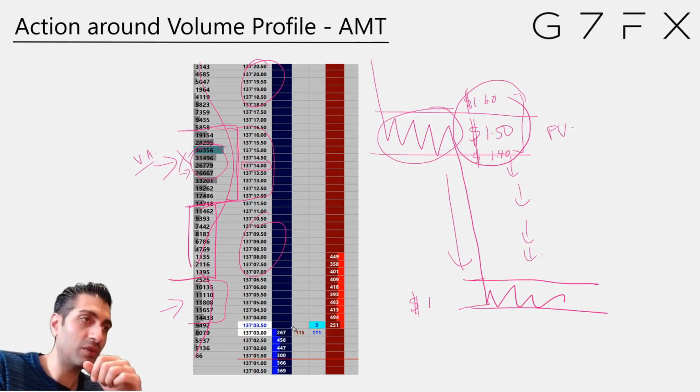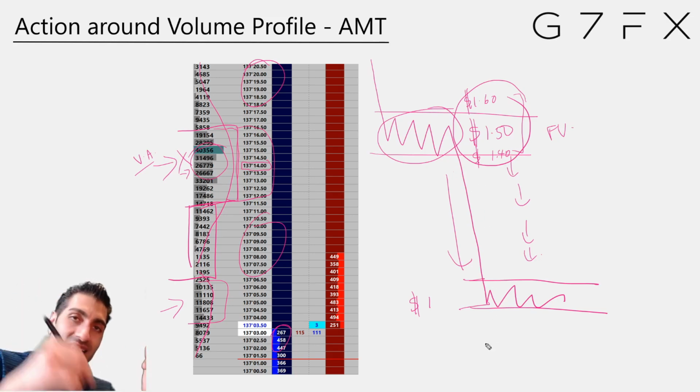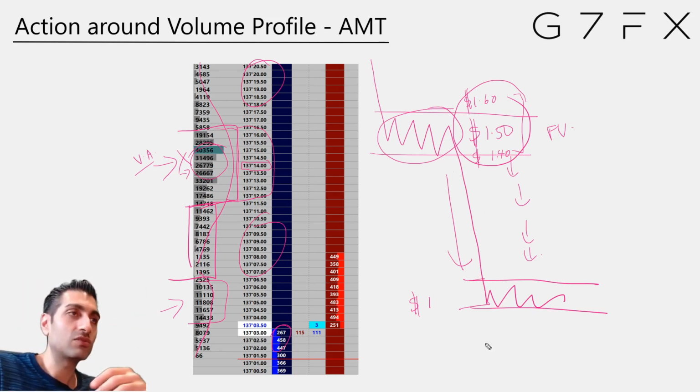There was no one on the bids. There was, but it was very thin. So it was just aggressive selling, and it happened so quickly that, do you see, there wasn't two-way transaction going on? Whereas here, there's two-way transaction, and that's why you're building the profile here. And then obviously here you had the bulge, which you see here as well.